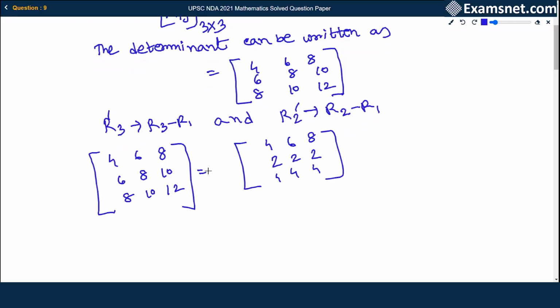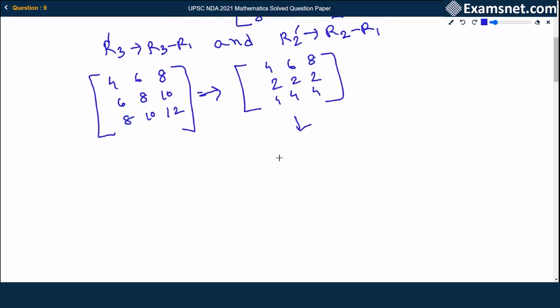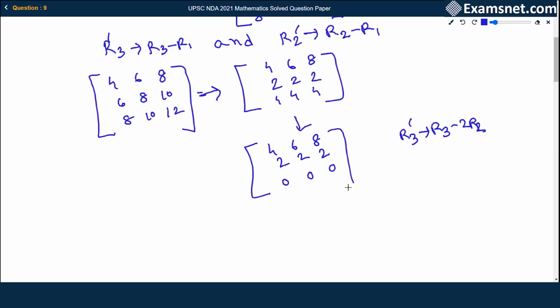Now we are going to do another row operation, that is R3 minus 2R2. So it will become 4, 6, 8, 2, 2, 2, 0, 0, 0.